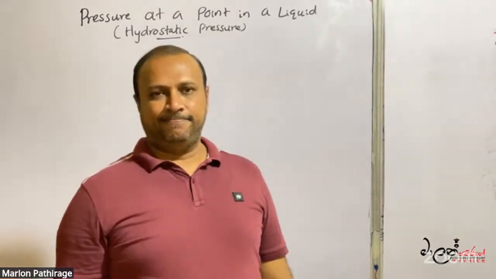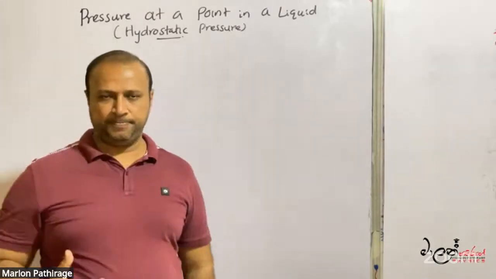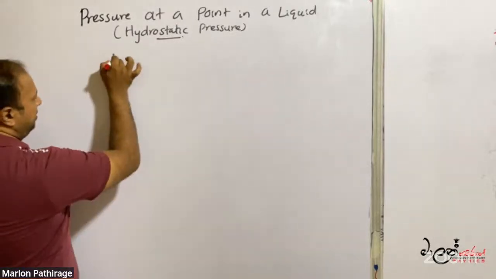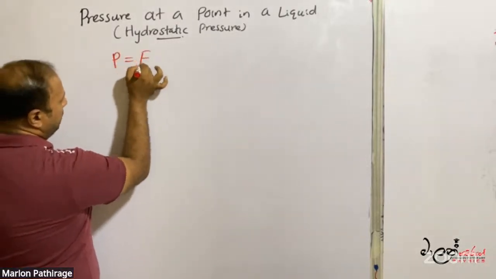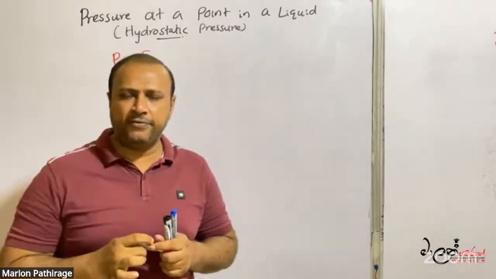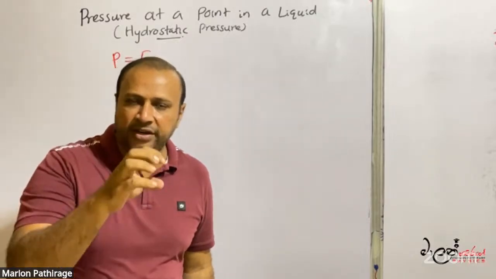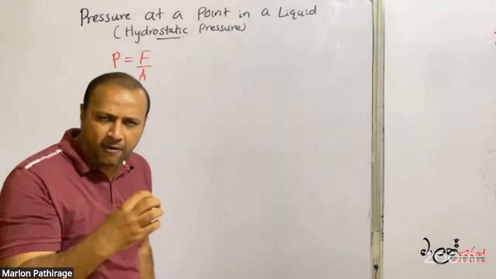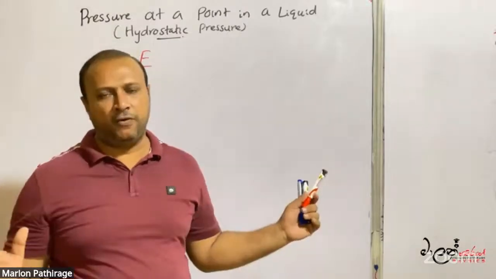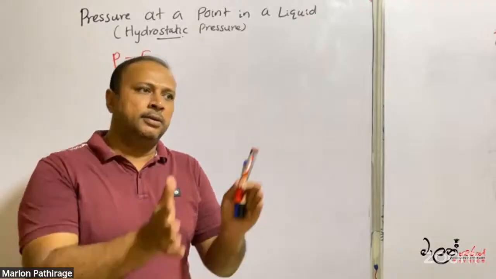Okay. Suppose now we are discussing pressure. So pressure means force over area. Therefore, to exert a pressure, definitely there should be a force exerted on a certain area. The force can occur due to various reasons.